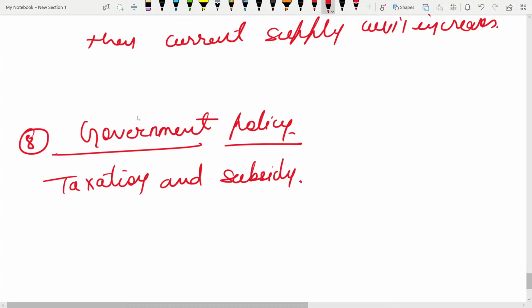We will see how taxation and subsidy will impact supply. Okay. So if we see taxation, the government also impacts the supply as the government imposes taxation. Increase in taxation may decrease supply, while increase in subsidy may increase it.